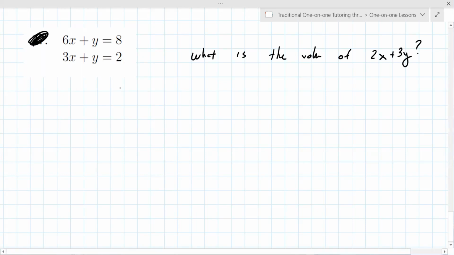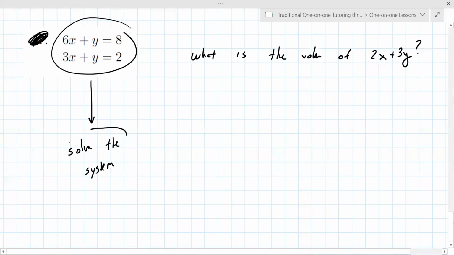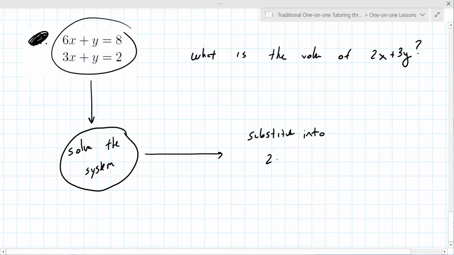And if you haven't seen a problem like this before, the steps here are you do have to solve the system. And then you have to substitute the values into 2x plus 3y.